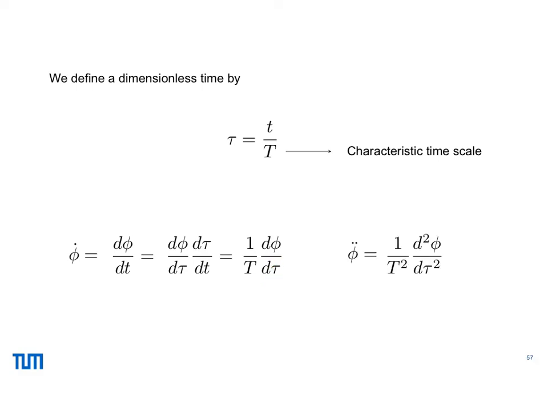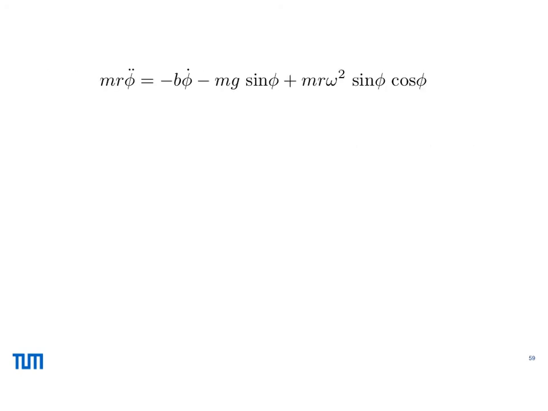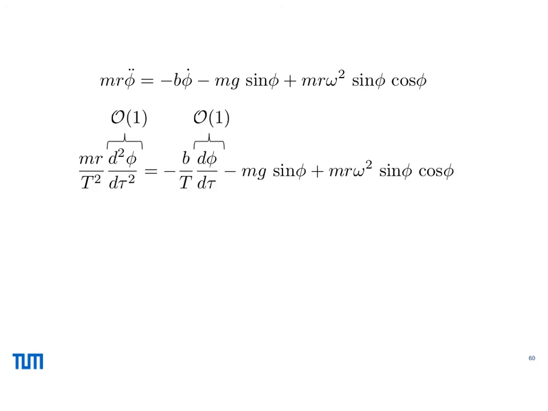We can do the same thing for the second order derivative in time. What has to be pointed out is that this term here and this term here are dimensionless and are both in this case of order 1. So here we replace these derivatives by these expressions.